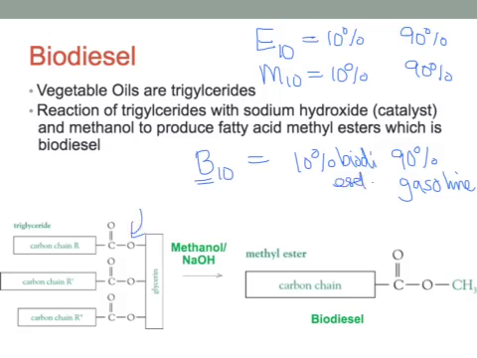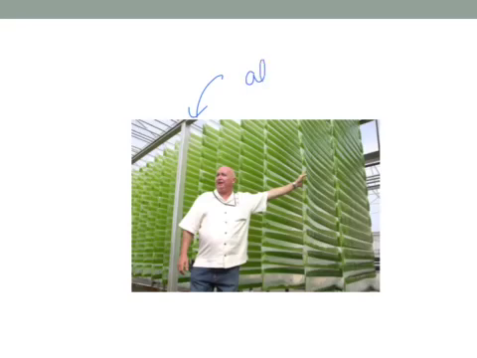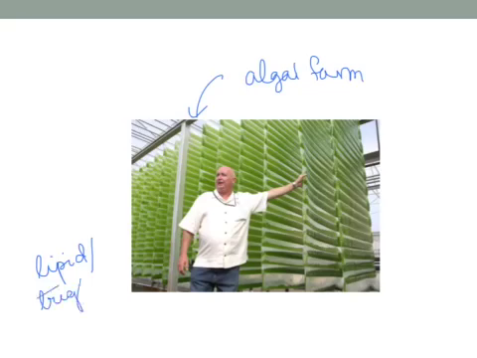Finally, instead of using vegetable oils as your source of triglycerides, which are sometimes called lipids, another option is using algae. As you can see here, this is an alga farm. You can grow these in little plastic packets, and they're green in color. They're doing photosynthesis, and they have lipid content, or triglyceride content, depending upon what type of algae you're looking at. The basic problem with algae is that growing them can be difficult, and the lipid triglyceride content can be different in different algae.